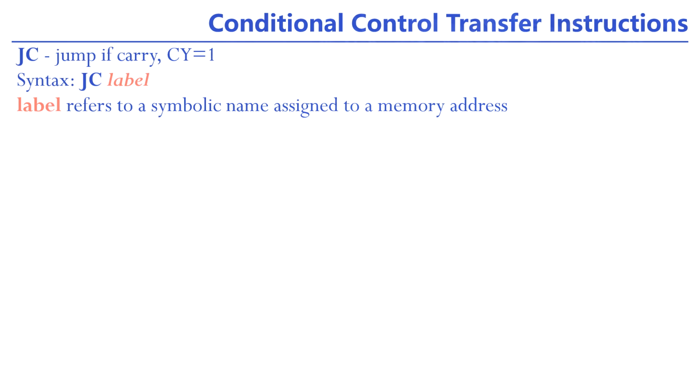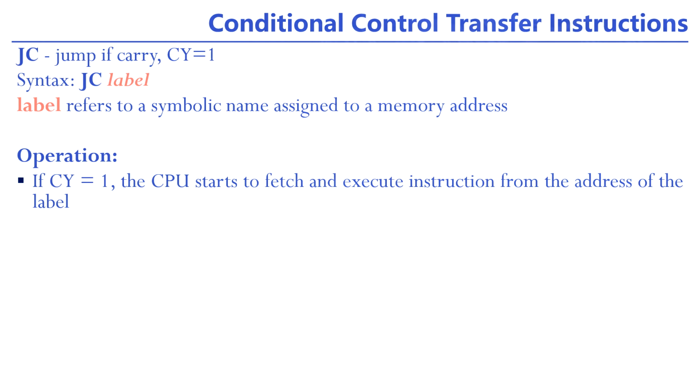The operation of this instruction is: it checks carry is equal to 1. The CPU starts to fetch and execute instructions from the address of the label, whatever address you have relatively specified.